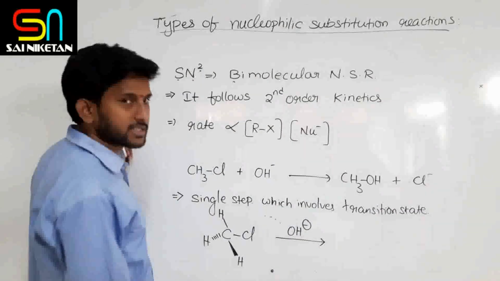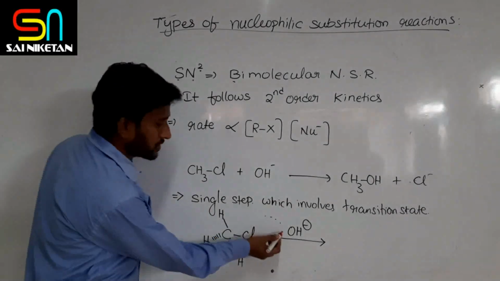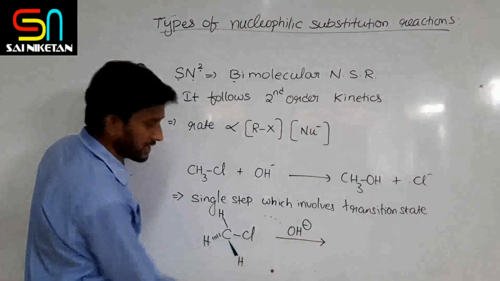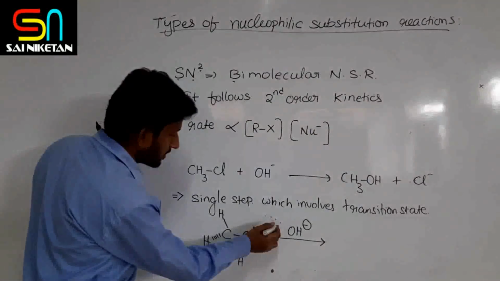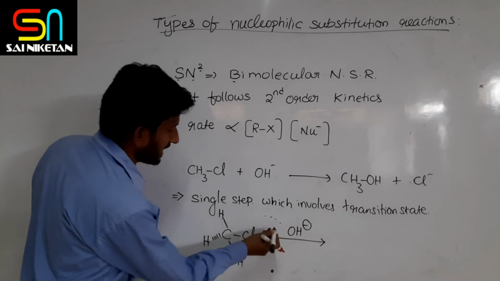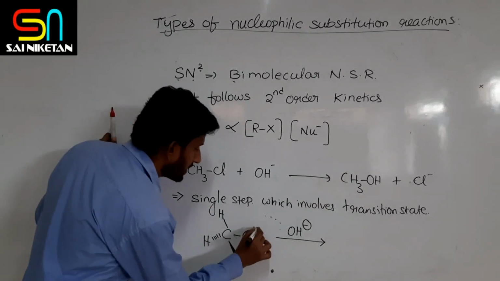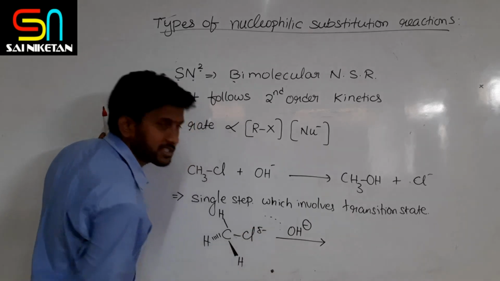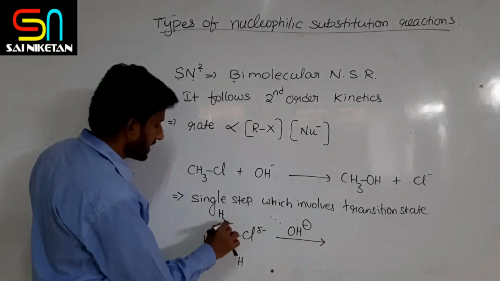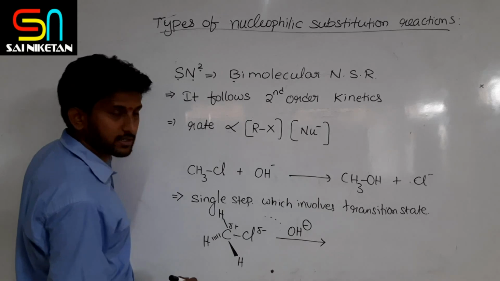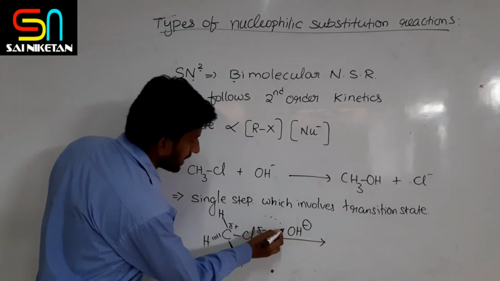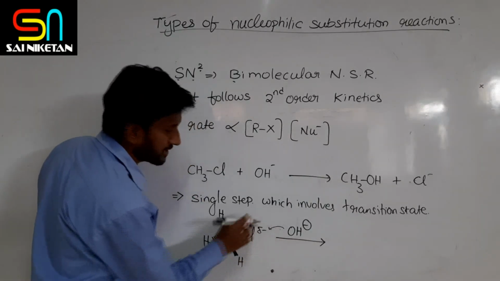Now what happens? The approaching OH minus ion, or any nucleophile, cannot approach directly towards the chlorine, because you know that already this carries a partial negative charge. Carbon carries partial positive charge. So this direct approach is prohibited.